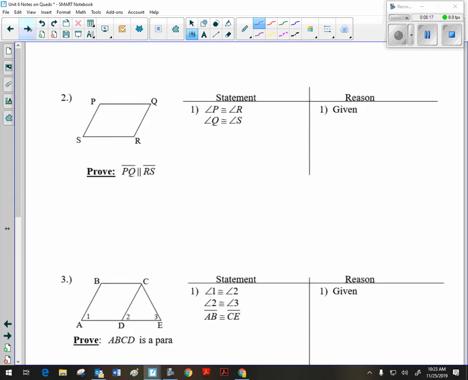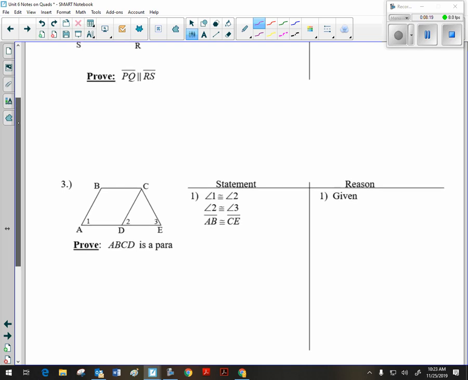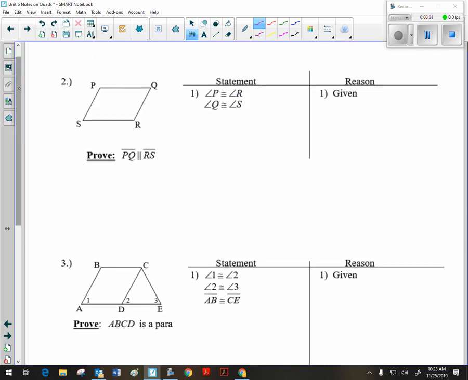Okay, the next question is also an easy one, and in this one, it's telling us that angle P and angle R are congruent, and then it's telling us that angle Q and angle S are congruent.